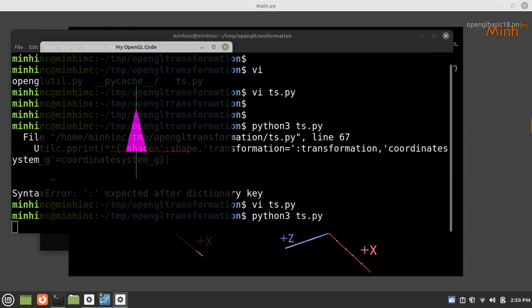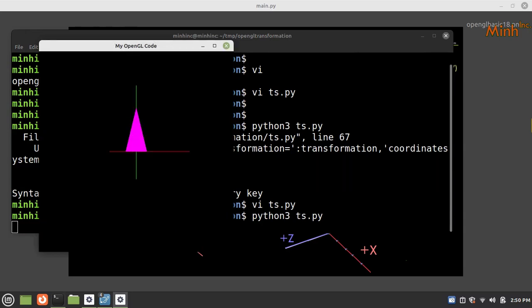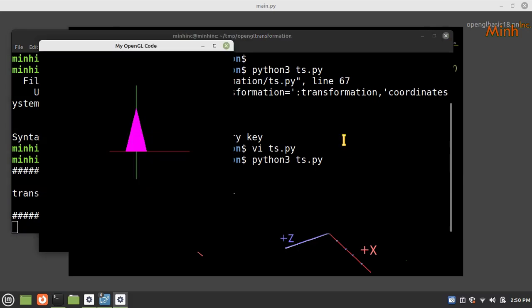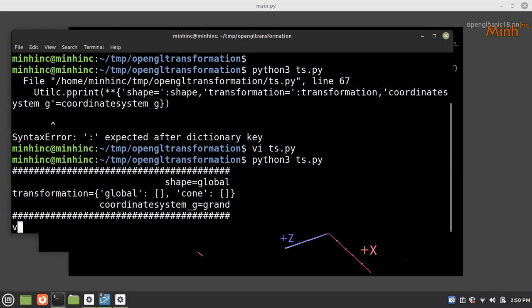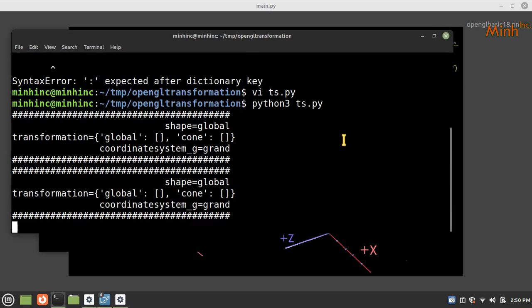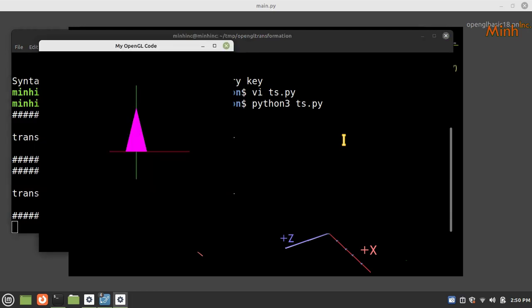Okay, now I am pressing capital G and V. Coordinate system is grand. If I press small g, still grand. So it is not taking what I want. So there is a problem.